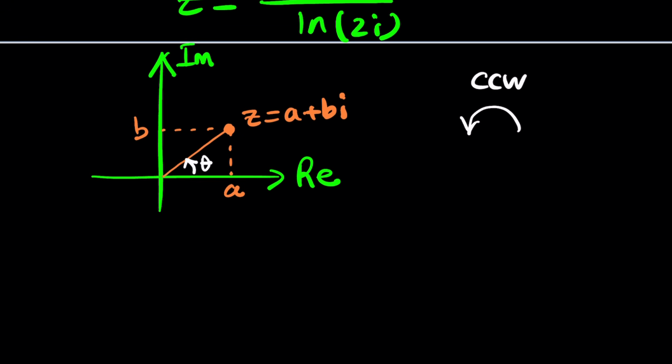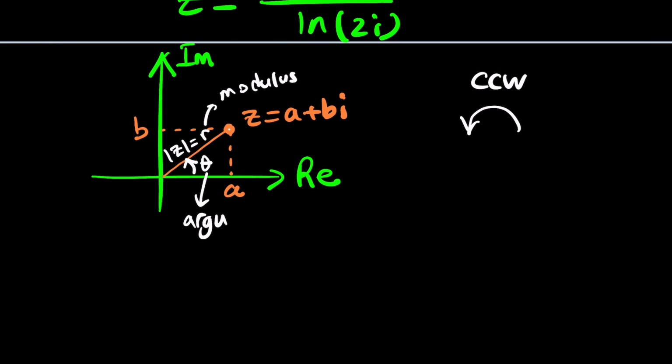Now, what does that mean though? This gives you a way to express it using trigonometry or even exponentials. The distance of z from the origin, 0, we call the absolute value of z, which you can also denote by r. r is also called the modulus of the complex number, and theta is called the angle or the argument.